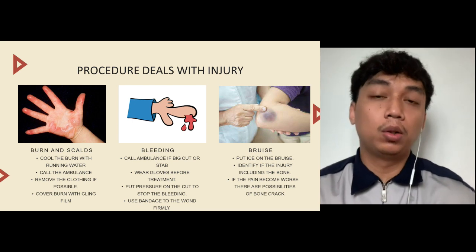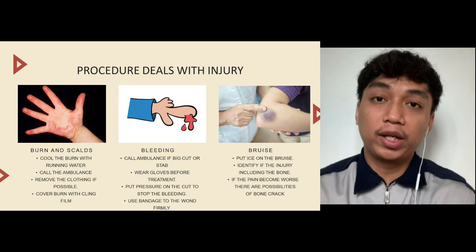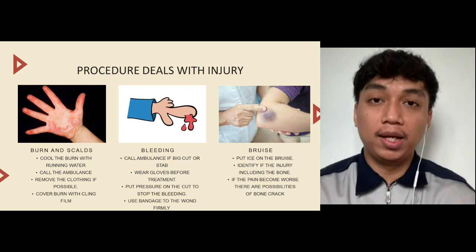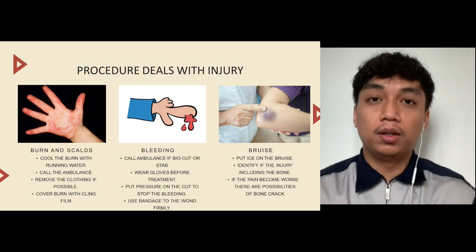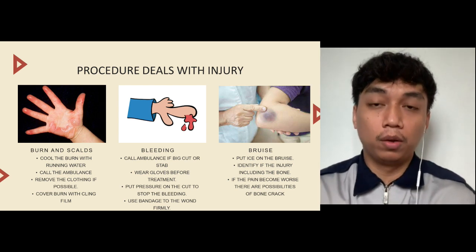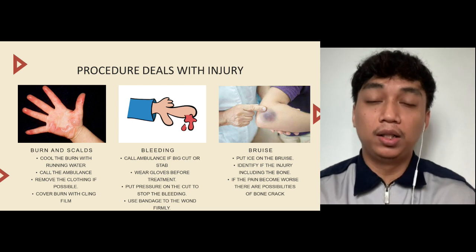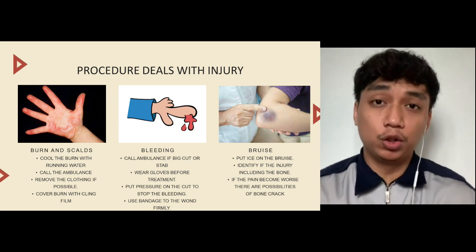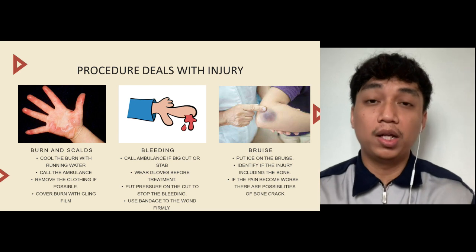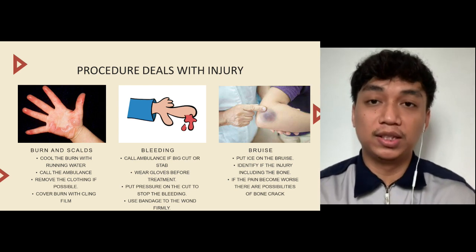In case the clothing is on fire and sticks to the skin, you cannot remove the clothing; let the safety officer or the fire department remove it, because you can hurt the victim by removing the clothes. And lastly, cover the burns with cling film. This is to make sure there is no infection or any outside material that will stick to the skin.